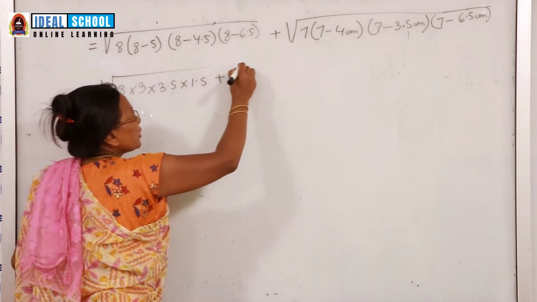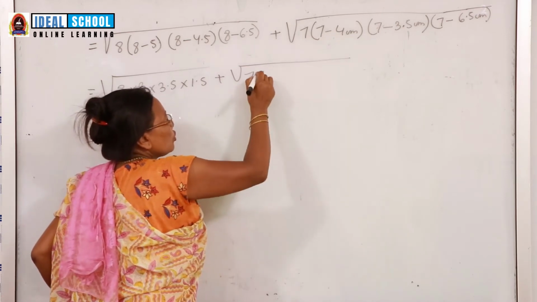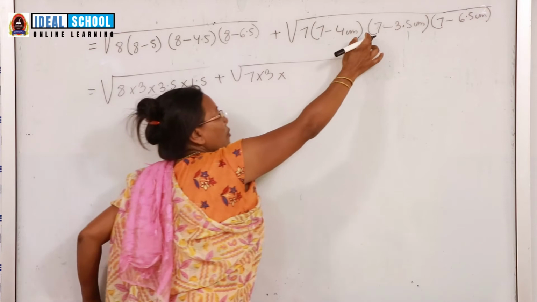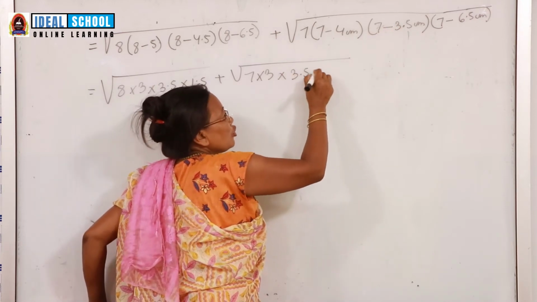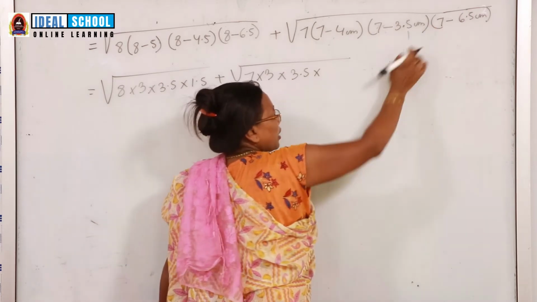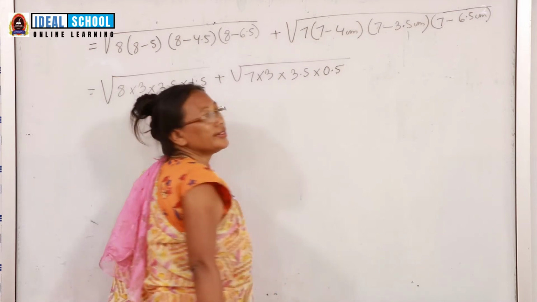Then plus root over 7. 7 minus 4 is equal to 3, into 7 minus 3.5 is equal to 3.5, into 7 minus 6.5 is equal to 0.5.